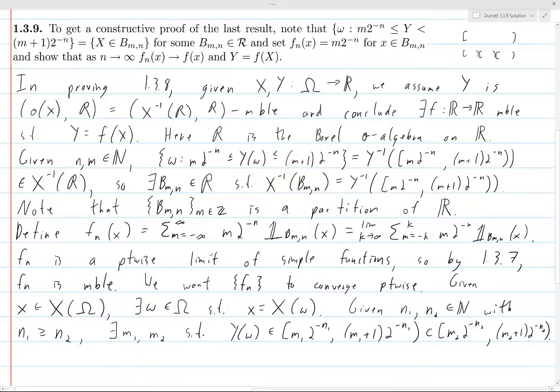Well, these are powers of 2, so let's just say this for simplicity. Basically these endpoints are going to line up, and you're never going to have a half-open interval that sits between two things.